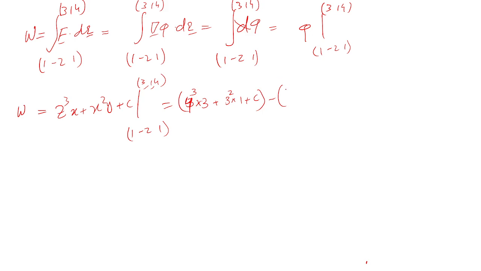For the lower limit, z is 1, so 1 cubed multiplied with x, which is 1, minus x squared, that is 1 squared, multiplied with y, that is minus 2, and plus c.